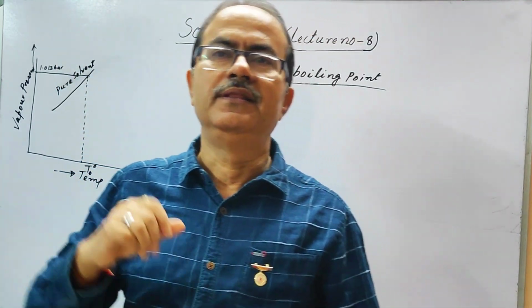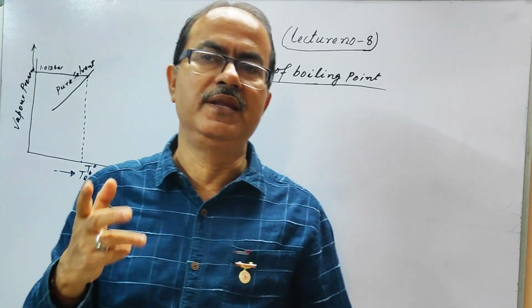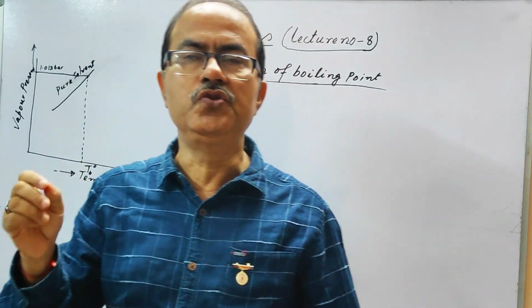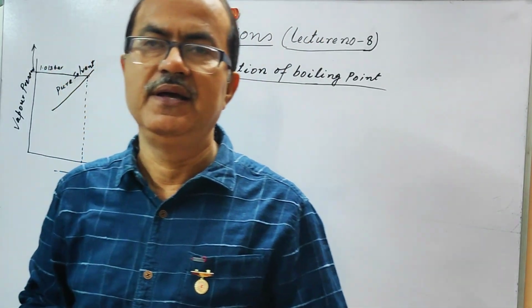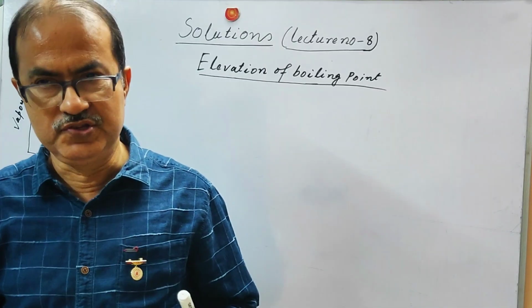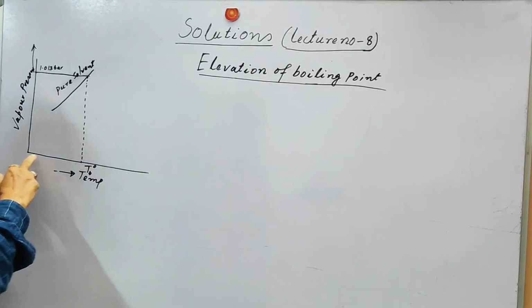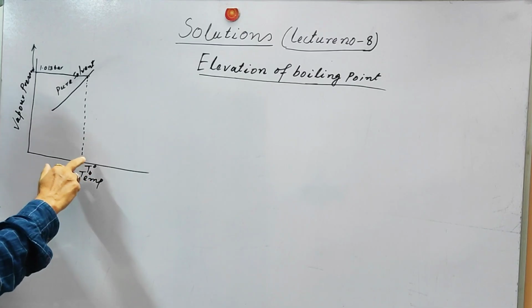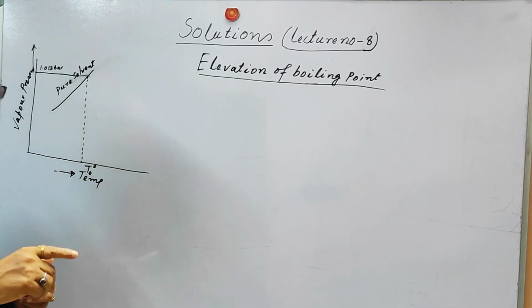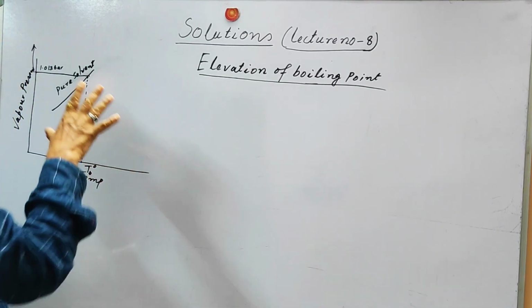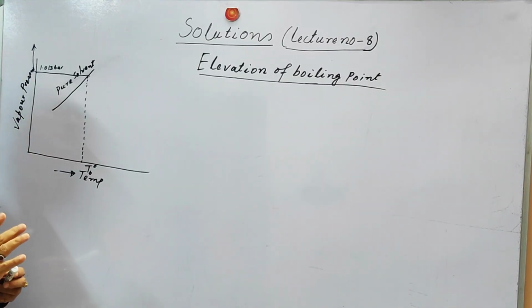At that point, the vapor pressure of the water is 1.013 bar. That is why it boils. So suppose TB0 for a pure solvent is this.